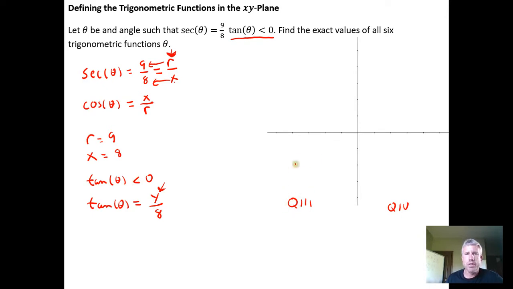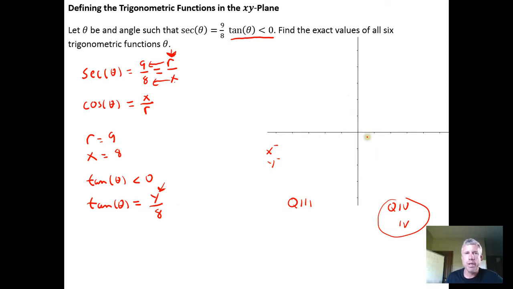But if we're in quadrant 3, then x would also be negative. X is negative and y is negative in quadrant 3, but we know x is positive. X is only positive in quadrant 1 and 4. And so the only place we get an overlap is in quadrant 4. That tells us that our point, our xy coordinate, is in quadrant 4.